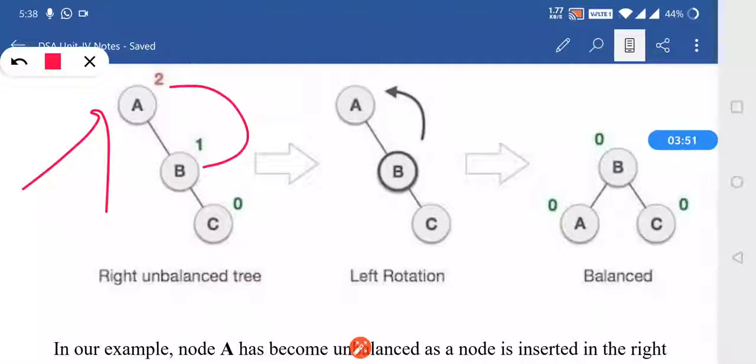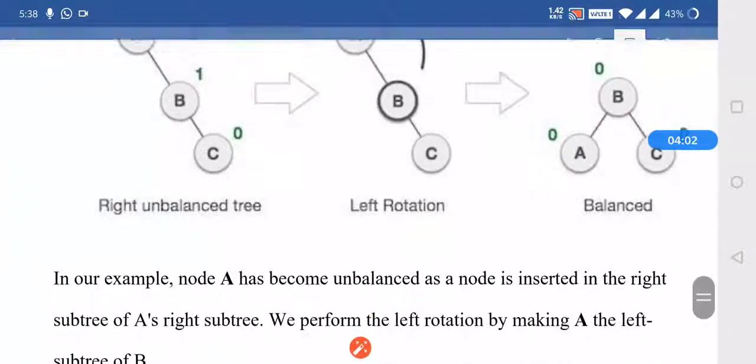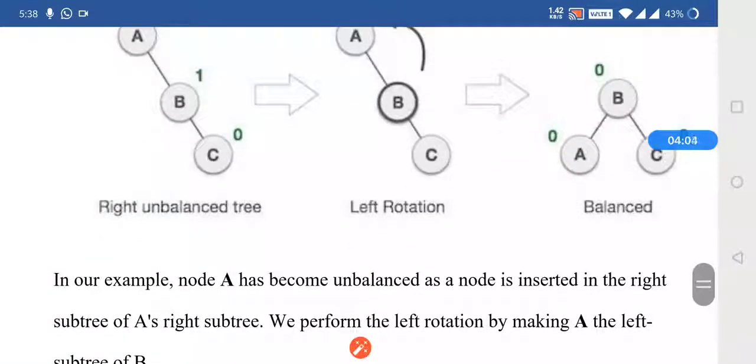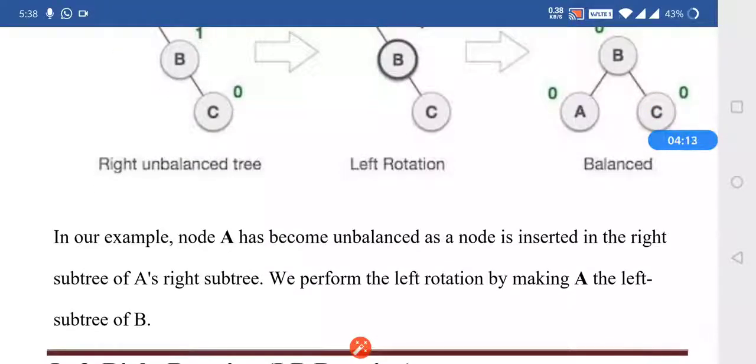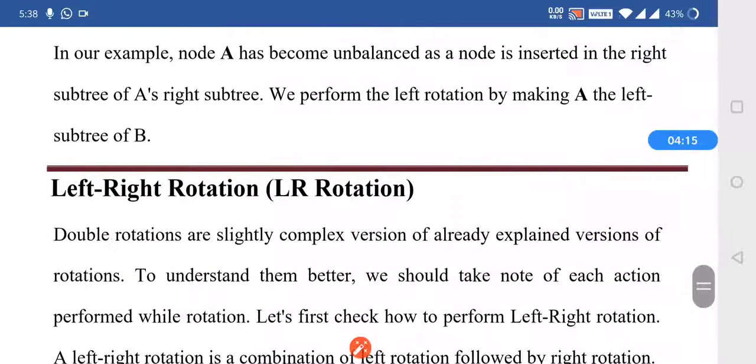Now we can see over here, this is the unbalanced node. This unbalanced node is taken to the bottom level, and in this way the tree becomes balanced. The node A is the unbalanced node, so we have done the left rotation and then A becomes the left child of B. So in this way RR rotation is done.